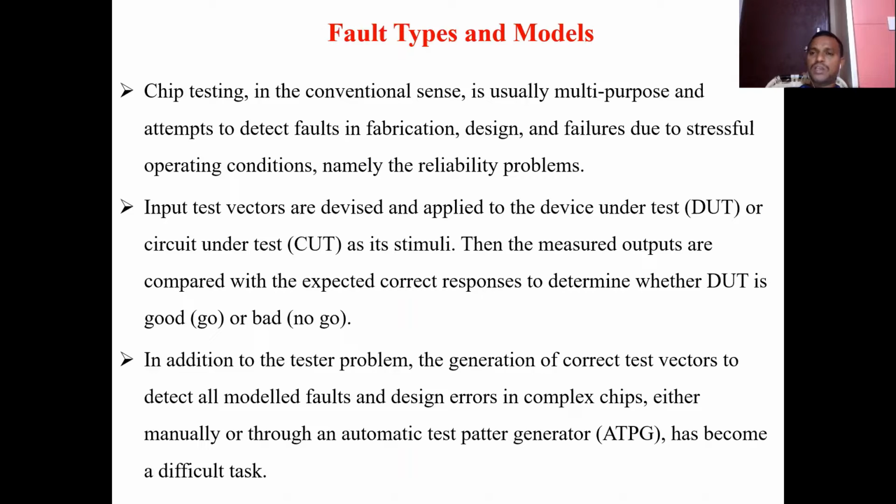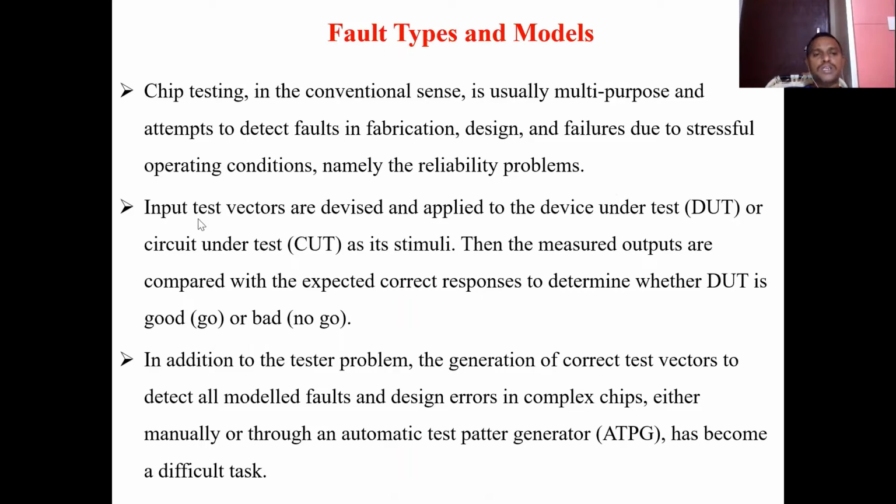Design is nothing but writing the code for whatever design you require. And failures due to stressful operating conditions means some environmental noises we get at the time of working of that particular circuit. Depending on that, we will also get some faults. These are the different faults we get at different levels: at the fabrication level, at the design level, and some failures due to the stressful operating conditions, namely the reliability problems.